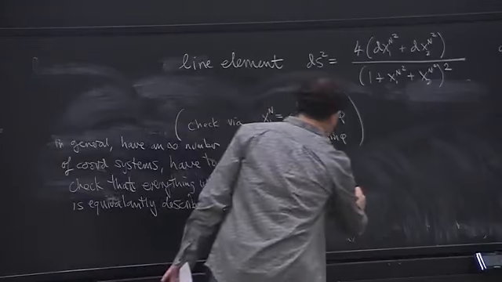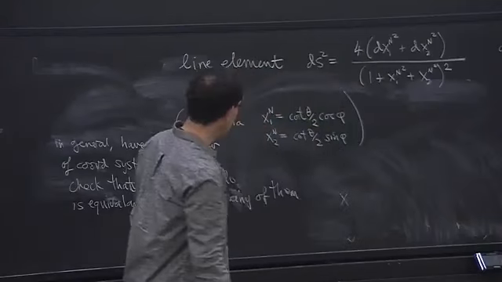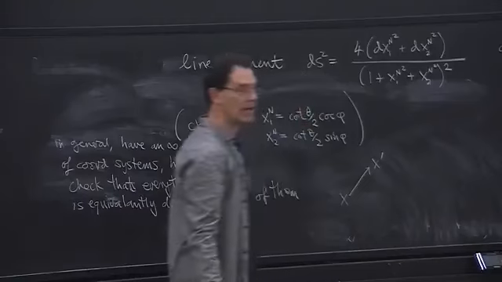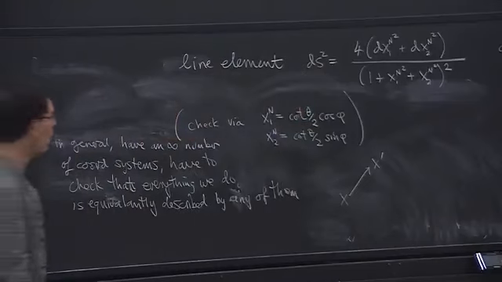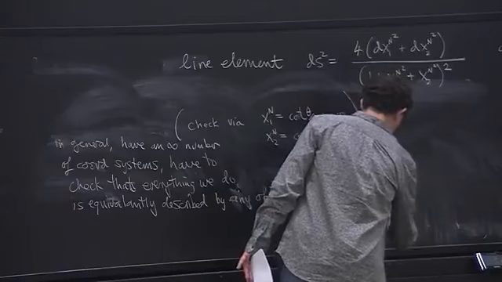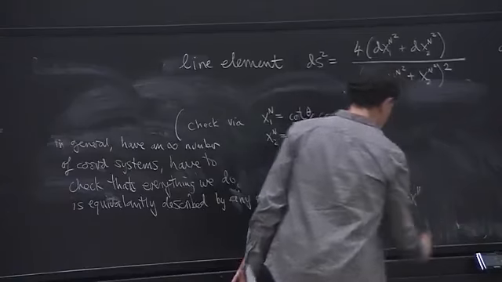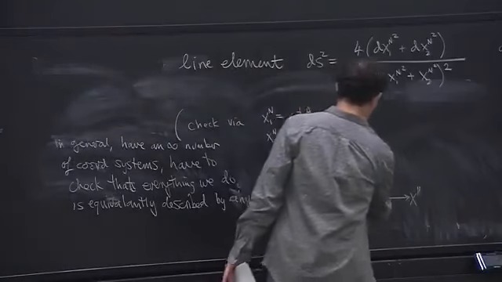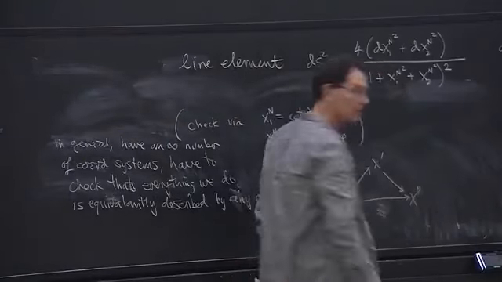Okay, so we have a coordinate system x, and then we might make a coordinate transformation to some coordinate system x prime, or we might make some other transformation to some other coordinate system x double prime, okay, or we might relate x prime to x double prime.